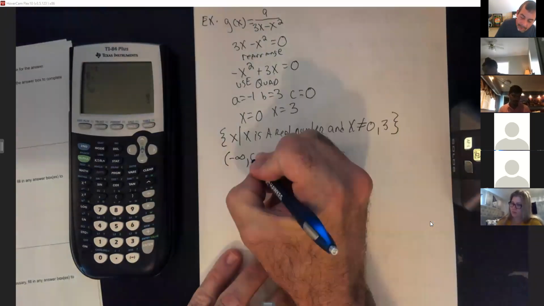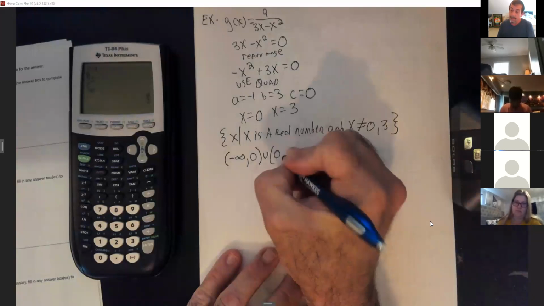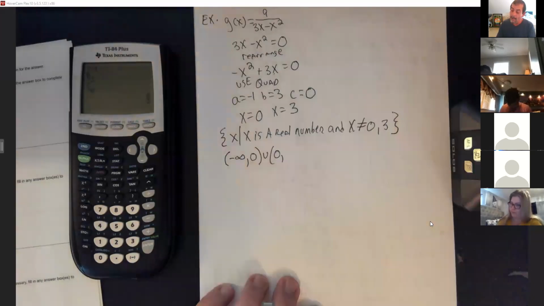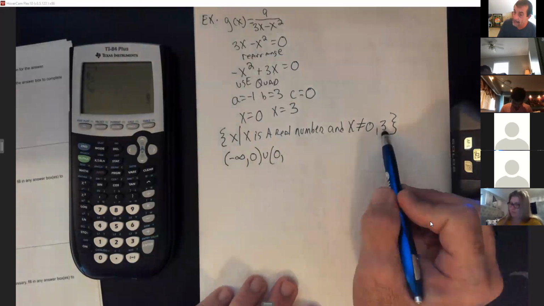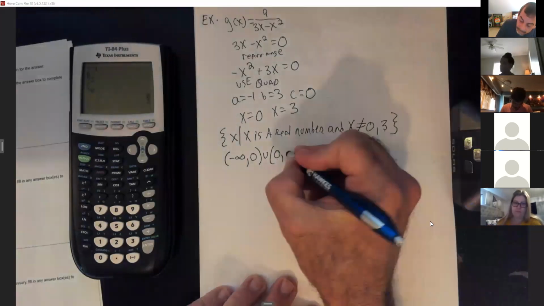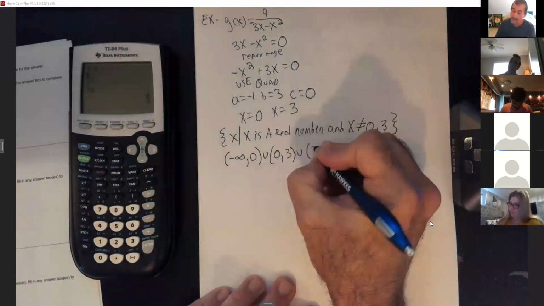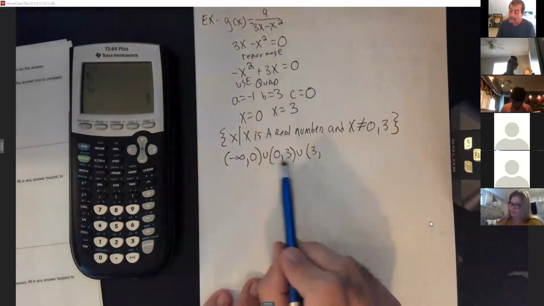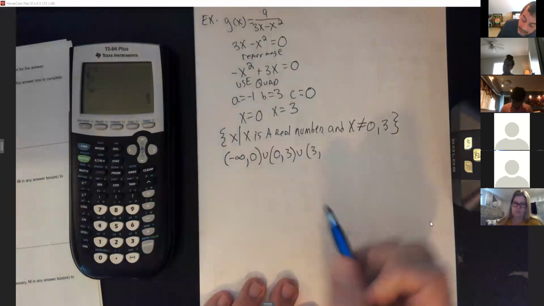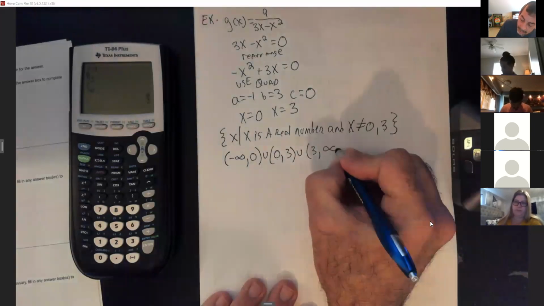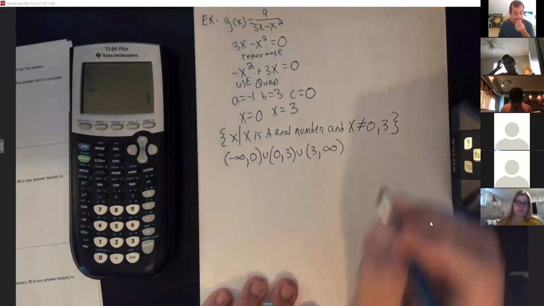So I'm going to union around 0 because I can't equal 0. Then from the 0, I would cruise on the x's until I hit the 3. Union around the 3 because we cannot equal 3. And then since I got both my numbers now in my interval, from 3 it's going to go to +infinity.